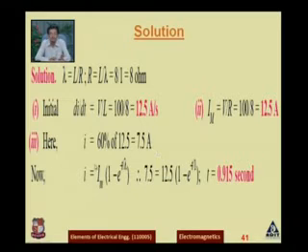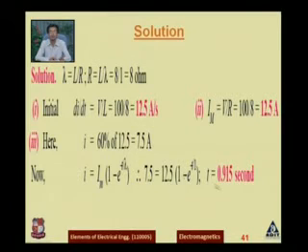Putting this in the equation, I is equal to Im in bracket 1 minus e raised to minus t by lambda. What is I? Now I is equal to 7.5, which is 60% of 12.5. What is the maximum current? It is 12.5.